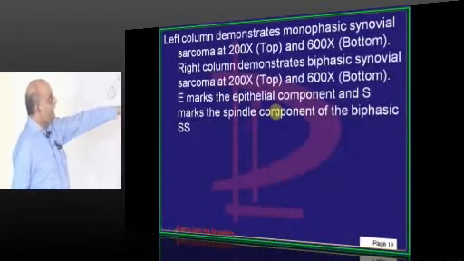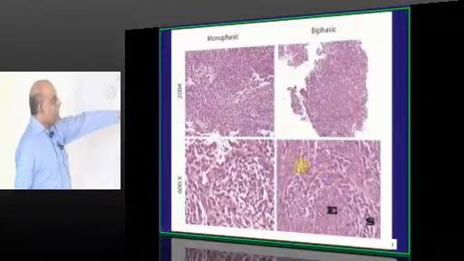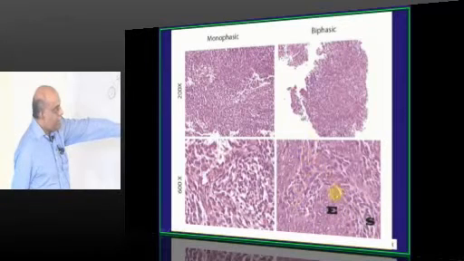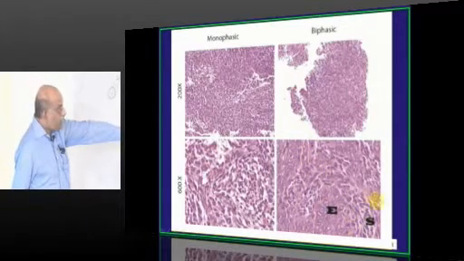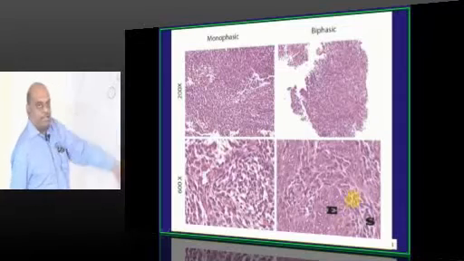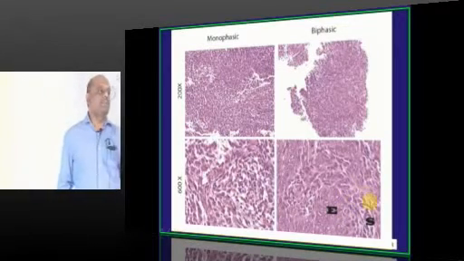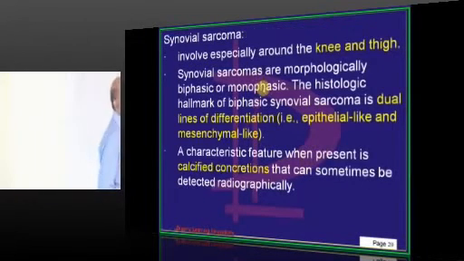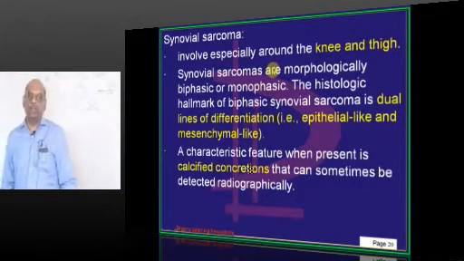So what you can see is epithelial component, E, is there, S, synovial component, is there. Such two components being there is called as biphasic, which is the nature of synovial sarcoma that you need to remember. So where does synovial sarcoma occur?